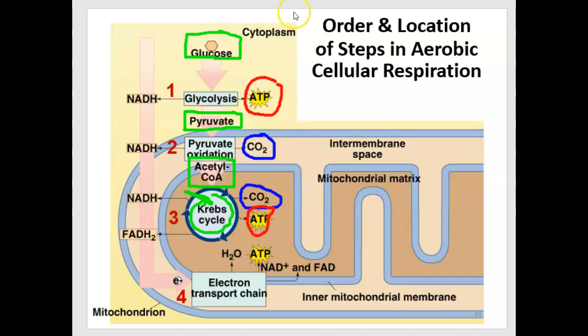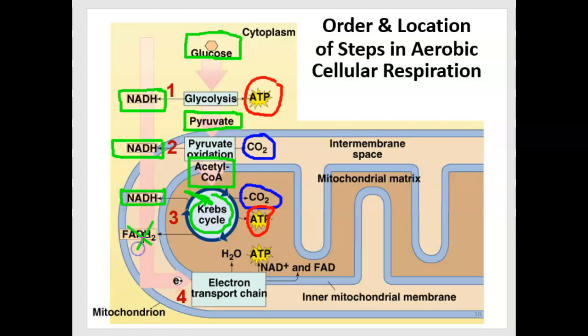Now, in our fourth step, our first reactant, so to speak, is organic, but it's not related to the nutrient. It's an organic compound that already exists in cells called NADH that has taken the electrons from glucose. So NADH was produced back in glycolysis, I just didn't tell you, in pyruvate oxidation, and in the Krebs cycle.